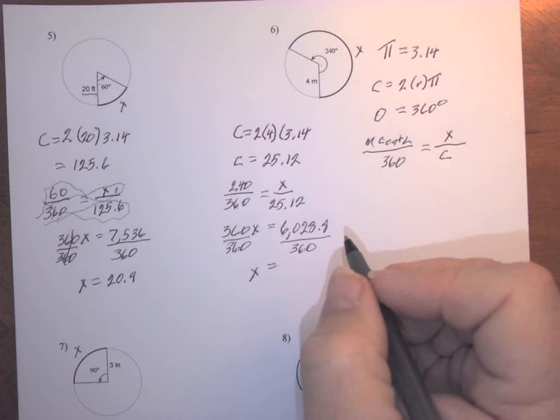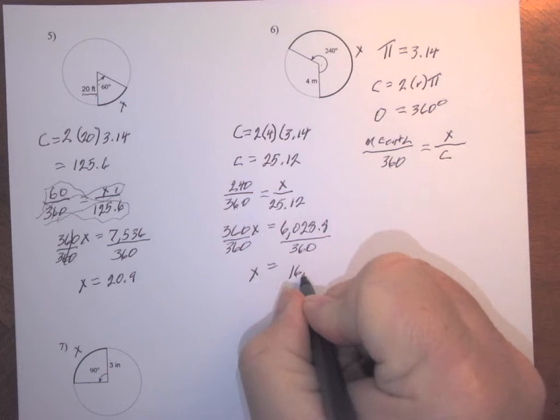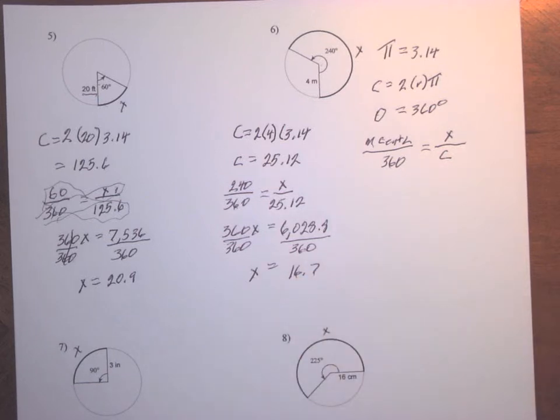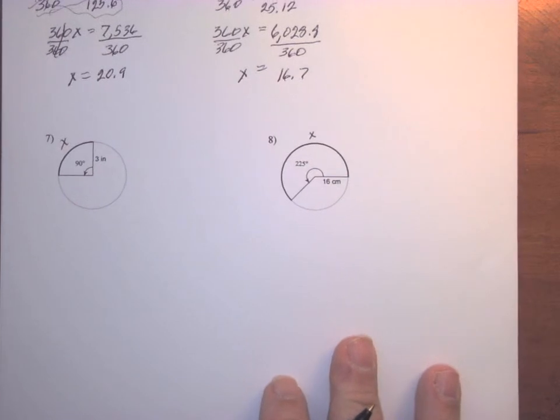And when we do that, it will round to 16.7. Okay? So no biggie here. It's the same process. So let's take a look at 7 and 8, and then I will leave you to work on your assignment.